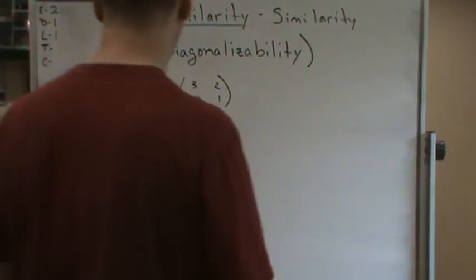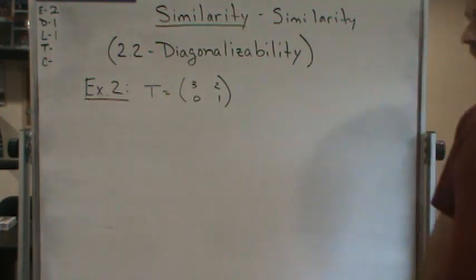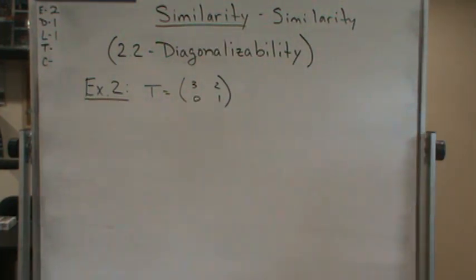Okay, so here's example 2, and we're given this matrix T, and to diagonalize this matrix, we take T as a representation of a transformation with respect to the standard basis.